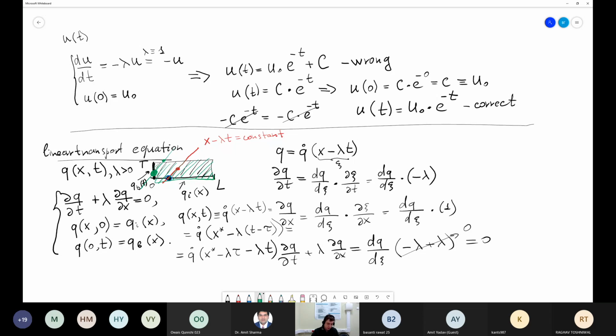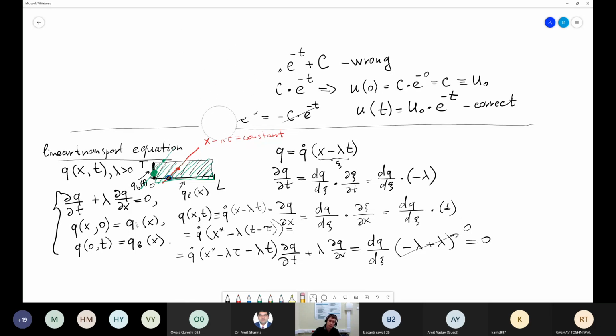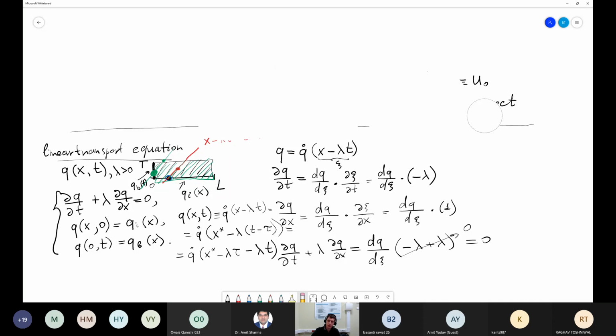What can we do? If we speak about a little bit more complicated case, when we have the dependence of lambda over x. What if lambda depends over x? What if lambda is not constant?